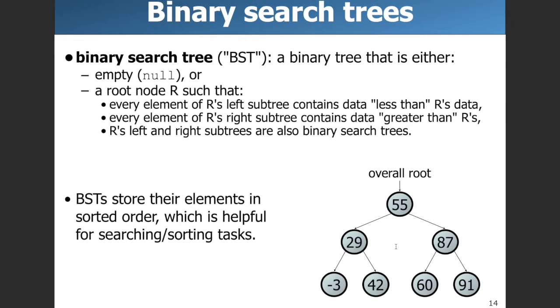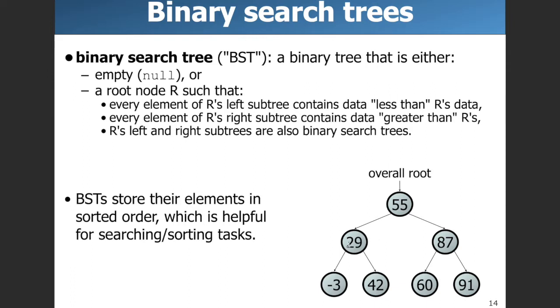Or a root node R is such that every element of R's left subtree contains data less than R's data. And what it means is the left child is always less than its parent, always.